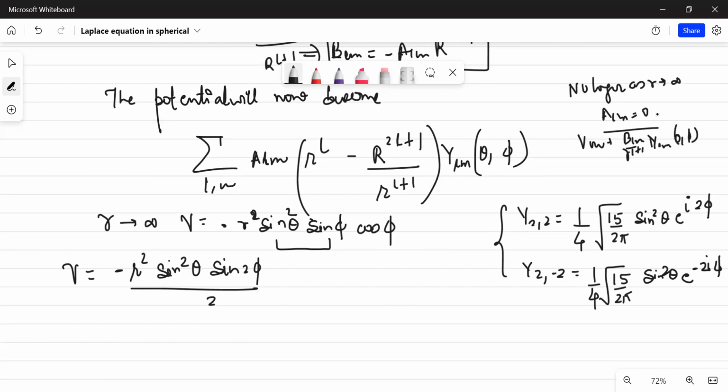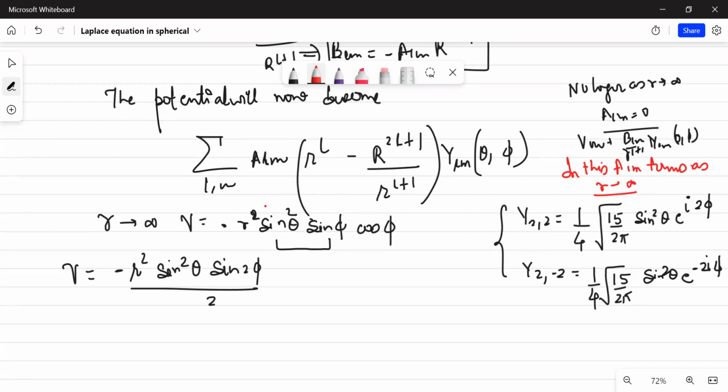But now, since at infinity also your potential is infinitely large, your ALM term would survive. So this is something that one needs to remember. So we have to find what these ALM terms would be as r tends to infinity.